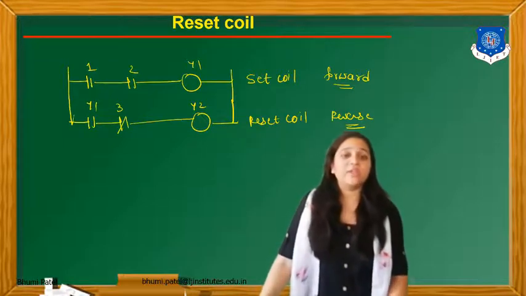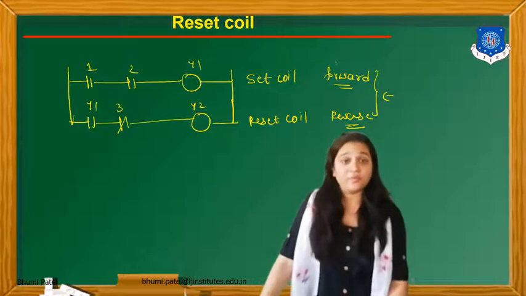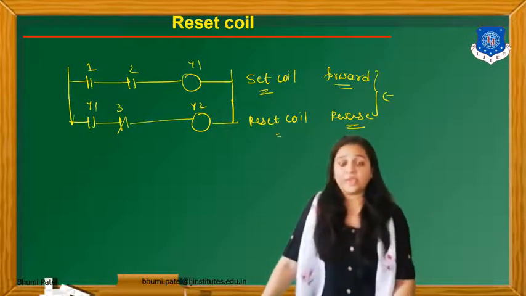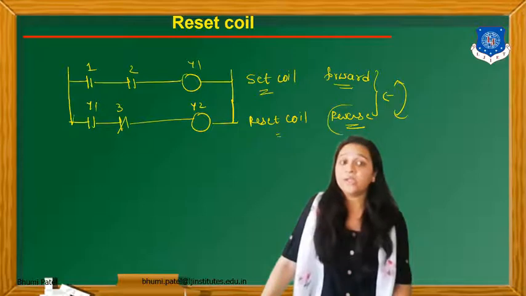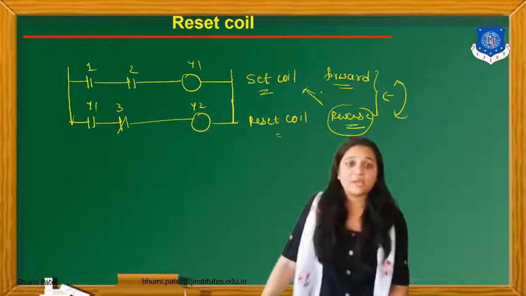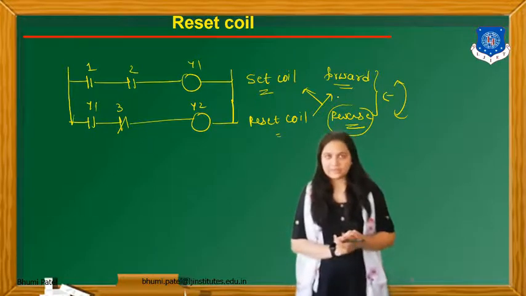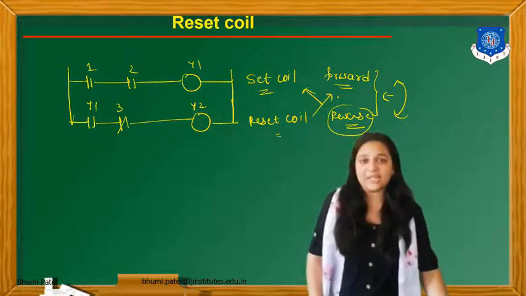As you know, both directions will not run at a time. So we can put forward as a set coil and the reverse direction as a reset coil. We can also reverse this, that means we can put the reverse direction as a set coil and the forward direction as a reset coil. So this is the basic instruction for this PLC diagram.